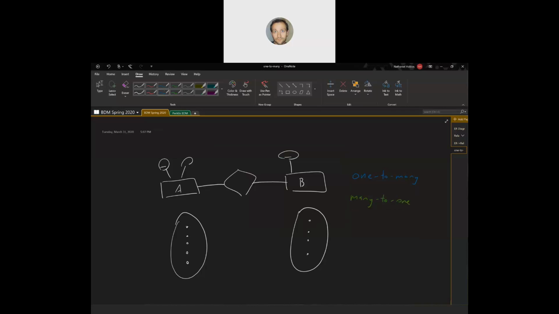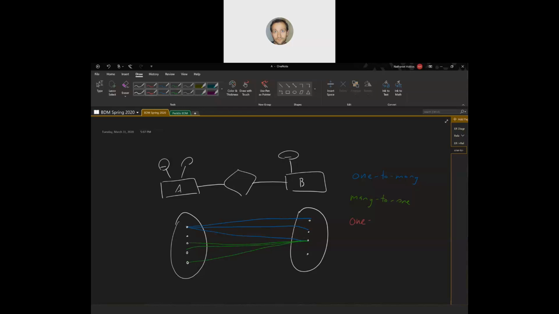A one-to-many relationship would be something like this, where you have one member of this set connecting to many different members of another set. Many-to-one is just the converse of that, where you have many members of a set connected to a single member of another set.